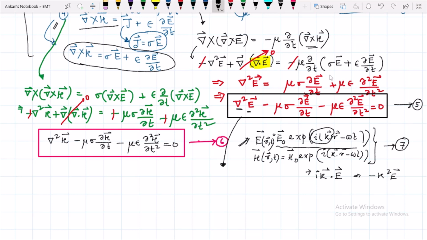The reason behind it is discussed here. If you take the single divergence of E, you get ik dot E, and if you take the divergence again, it results in minus ik dot E, and E dot E becomes E square. Sorry, the E will be taken common, and ik times ik means minus k square.